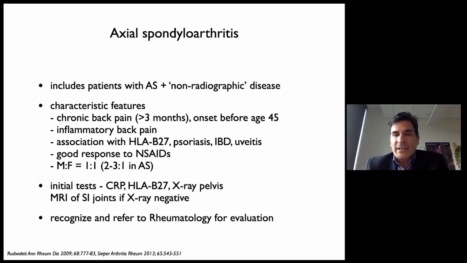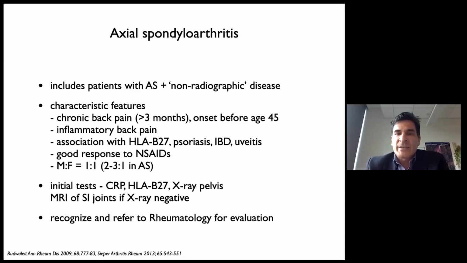Inflammatory back pain is a characteristic feature of axial spondyloarthritis. Axial spondyloarthritis is a relatively new disease entity. It includes patients with classical ankylosing spondylitis, plus other patients who have similar symptoms but have non-radiographic disease.